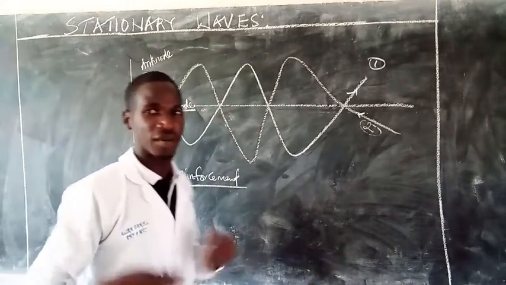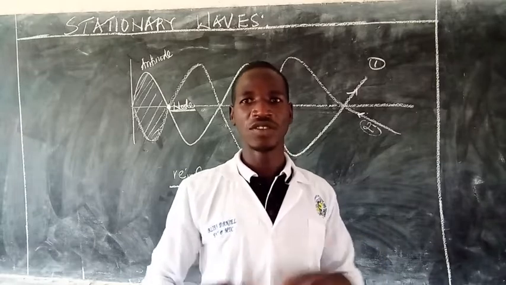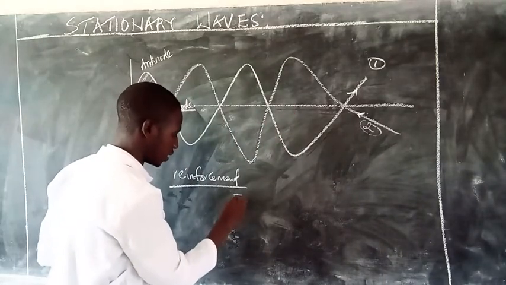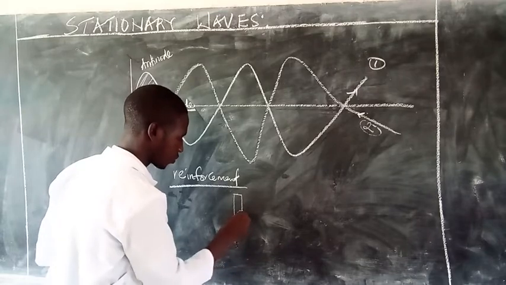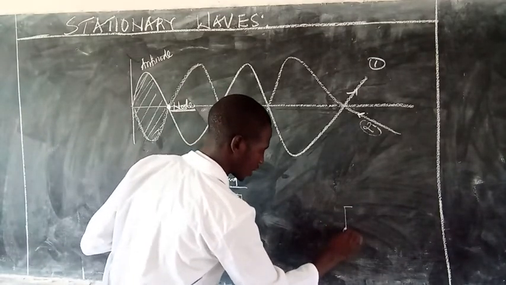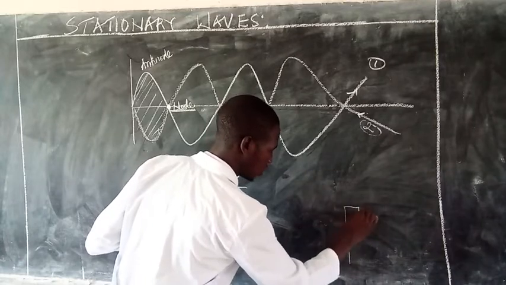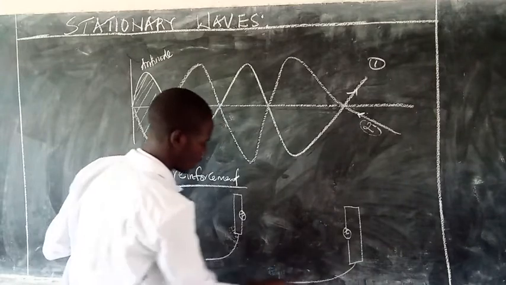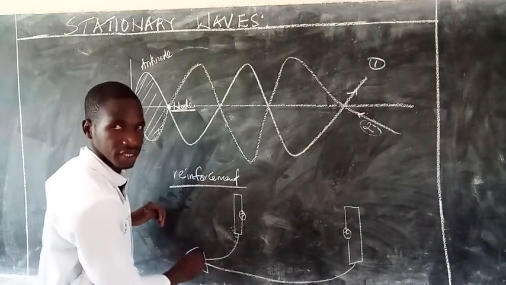This can best be demonstrated when you have two loudspeakers. We have a loudspeaker this side and another loudspeaker the other side. But these two loudspeakers are getting sound from the same source.